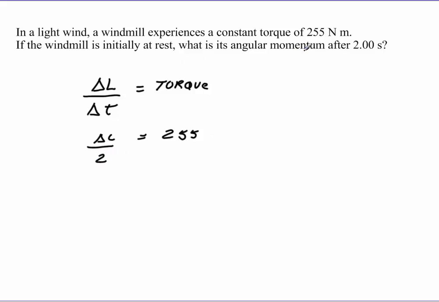So delta L is going to equal 255 times 2. What is that, 510? And that would be kilograms times meter squared over second. That one's really, really easy.